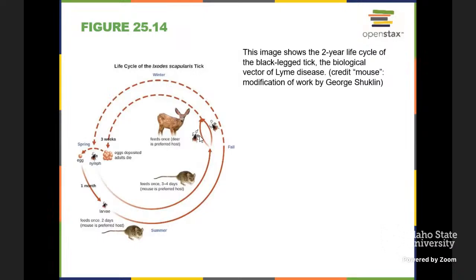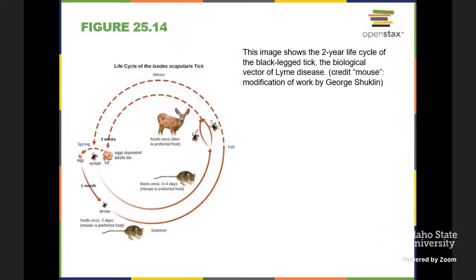If the mother was infected, she will transmit that parasite, the bacterium, to her progeny, transovarial transmission. All of her eggs will be infected. Another brilliant strategy to ramp up the population of that bacteria.